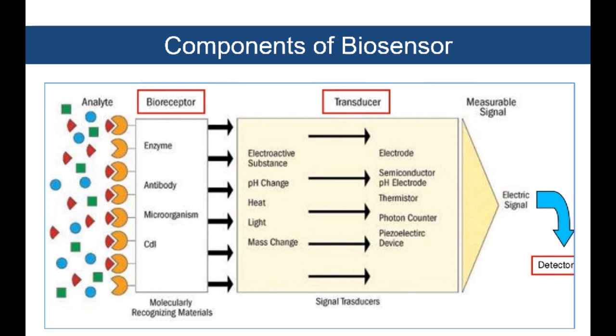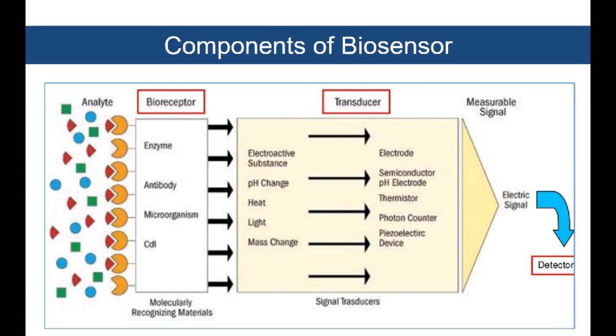Now let's see the components of a biosensor. On the very left side you can see circular, triangular and square shaped elements in different colors coming towards one orange colored element. Those are the substrates which bind with the analytes, and after the binding you can see in the next block the bioreceptor.